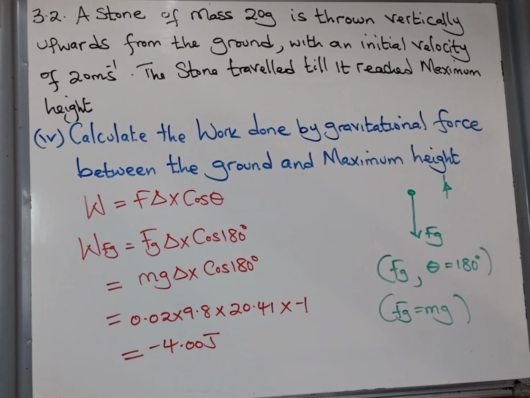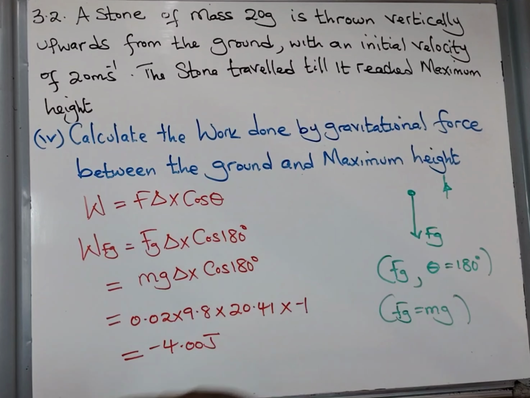So the answer is -4 joules. And now we know what negative implies. Negative implies that the work done by gravitational force reduces the energy of the stone.